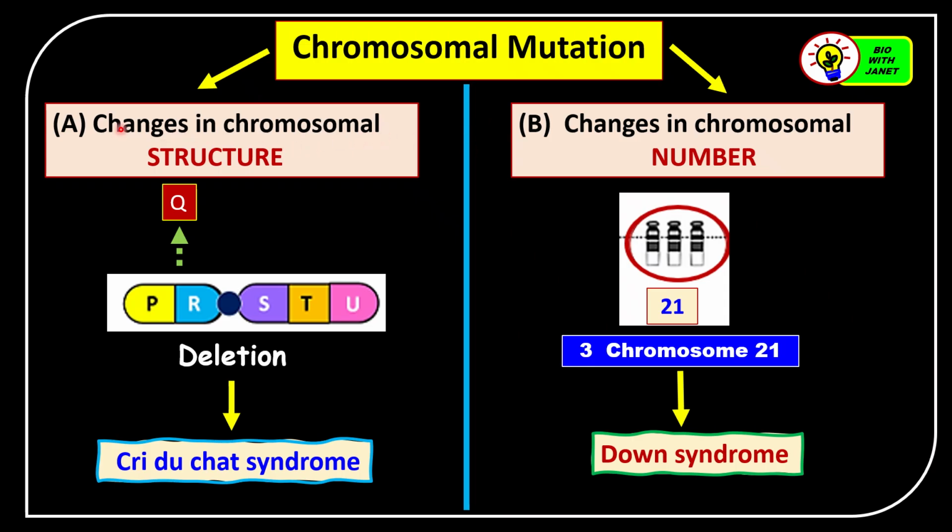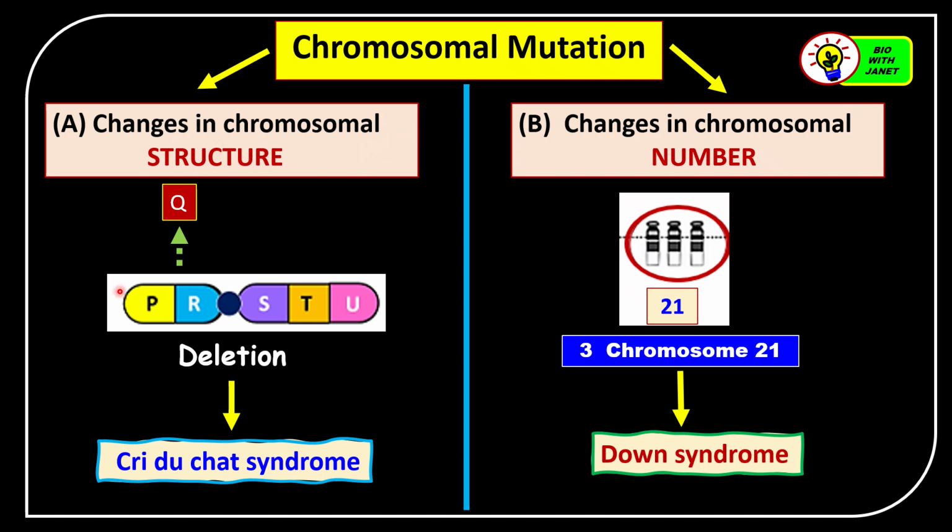So, what is an example of changes in chromosomal structure? For example, maybe the person is exposed to mutagens like ultraviolet rays, excessive ultraviolet rays, or food pesticides, benzene and so forth, and that may trigger the mutation to occur.